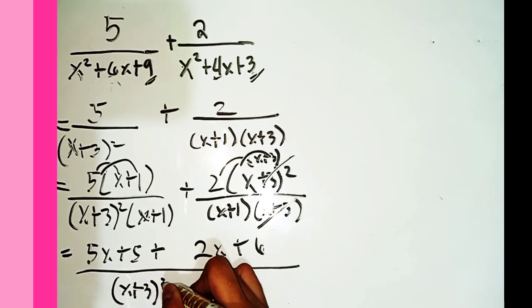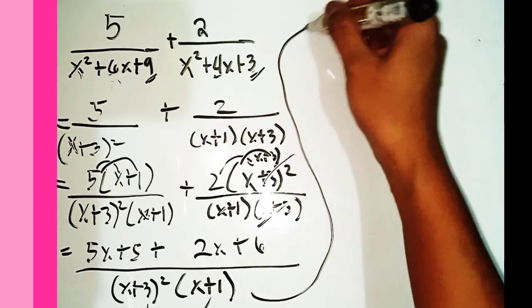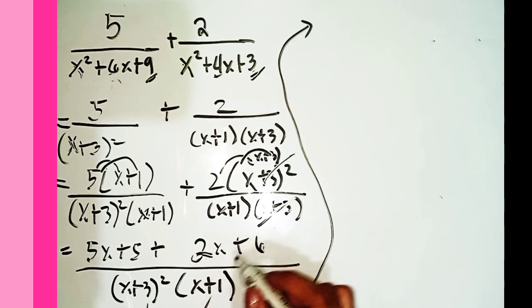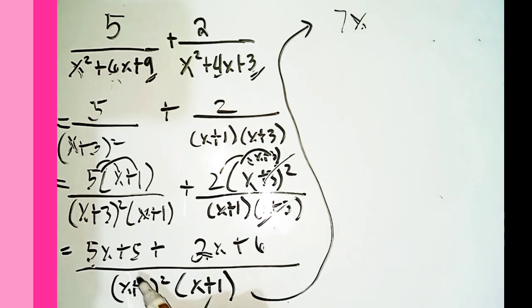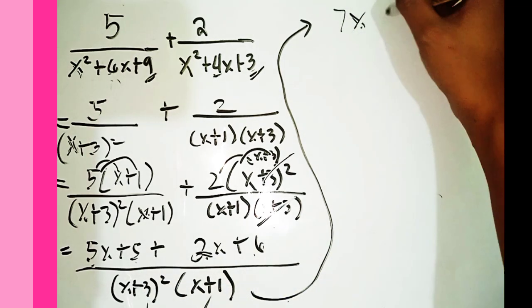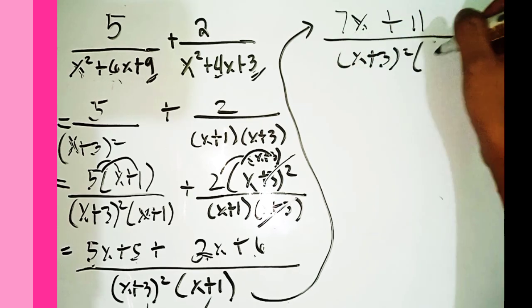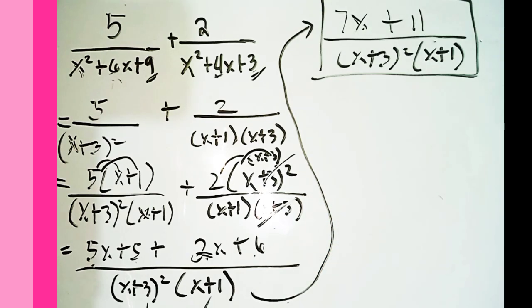Just copy the denominator, x plus 3 squared and x plus 1. Okay. You can add them. So combine like terms. We can combine 5x and 2x. So 5x plus 2x, that would be equal to 7x. So 5 plus 6, that would equal 11 all over x plus 3 squared x plus 1.